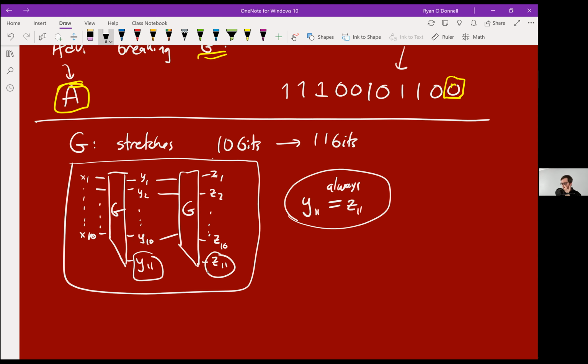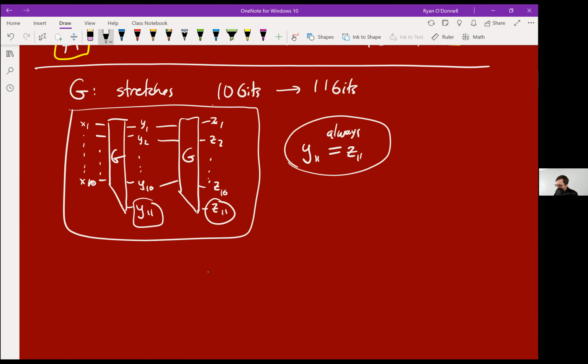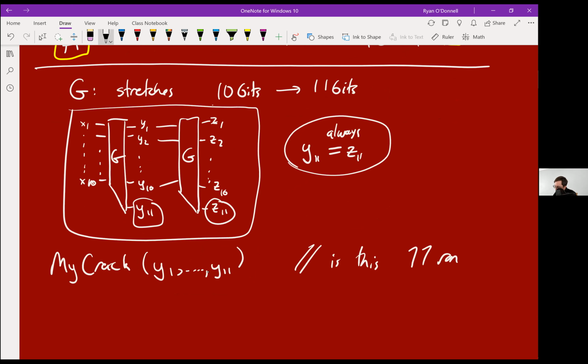So to really break it, you have to write an algorithm, call it mycrack, where I'm trying to crack this G. It's going to get y1 through y11, and you're trying to figure out: is this 11 random bits, or is it G applied to 10 random bits?